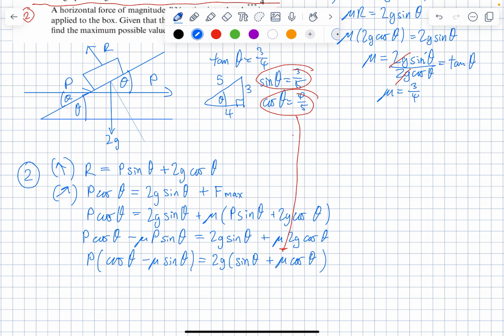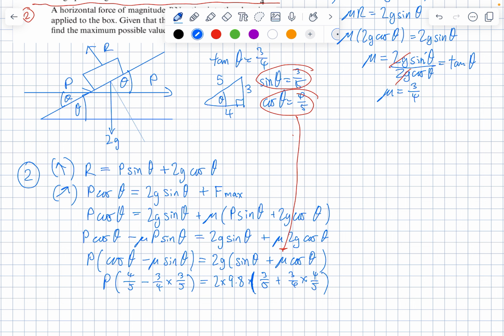So I've got P times cos of theta, which is 4/5, minus mu, which is 3/4, times sine, which is 3/5, and that's equal to 2g, which is 2 times 9.8, times sine of theta, which is 3/5, plus mu, which is 3/4, times cos of theta, which is 4/5.